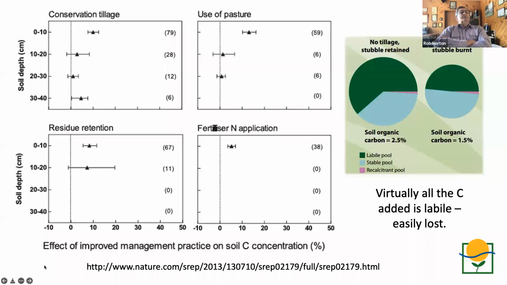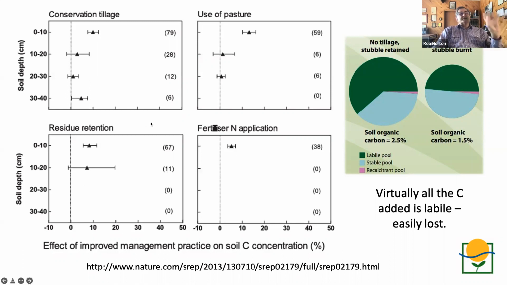These graphs are the soil depth, 0 to 10, 10 to 20, etc. What was the effect of the different management practices on the percentage increase in carbon in those depths due to conservation tillage, the use of pastures, residue retention, and nitrogen application? And where did that occur? Most of the benefit for conservation tillage occurred in the surface, residue retention in the surface and a little bit deeper, pasture in the surface and nitrogen fertiliser in the surface.